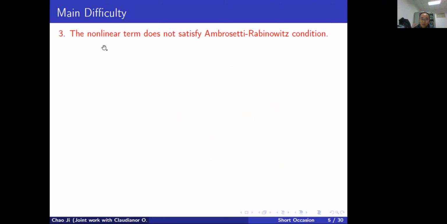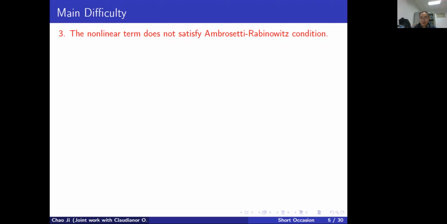For our problem, the nonlinear term is u times log u square plus u, because as I said before, the derivative of the function u square times log u square has two terms.